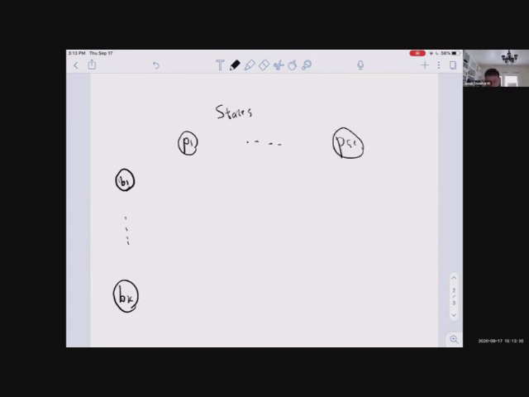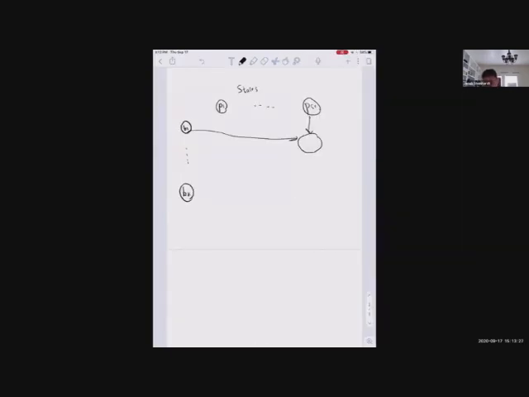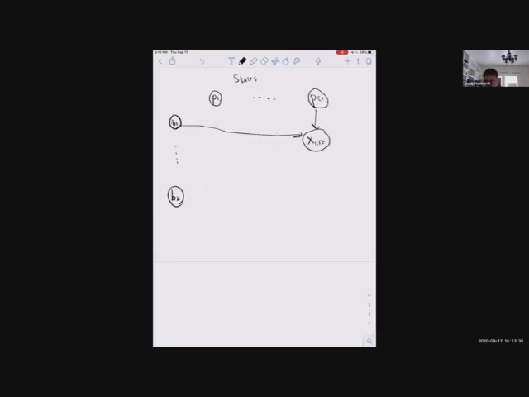If I have a poll in some state and I observe some result, let's call this result X1,50 for the result of the first pollster in the 50th state. This is the thing I actually see, at least if a poll was conducted. The mean is going to be more like B1 plus P50.